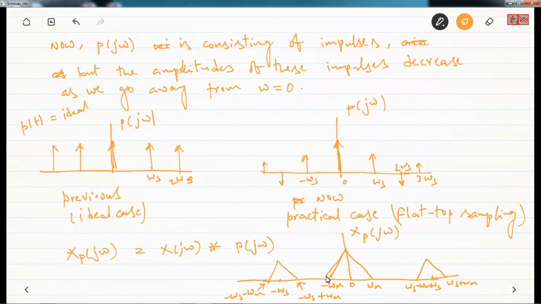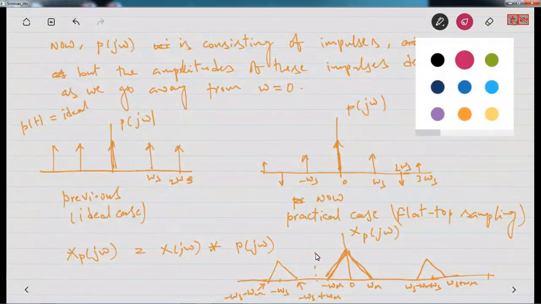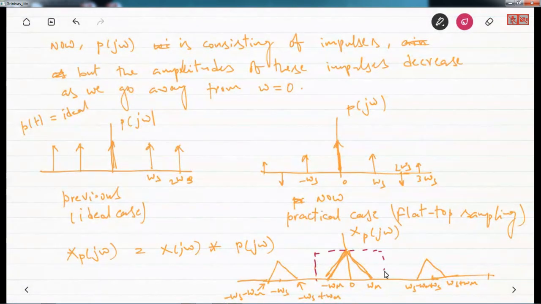This is the strongest, having the highest amplitude, and these are having somewhat low amplitude, and that appears at 3 or 2 omega s will have somewhat lower amplitude, right? But if we can recover this signal again with an ideal low pass filter, we get back our x of j omega, right?